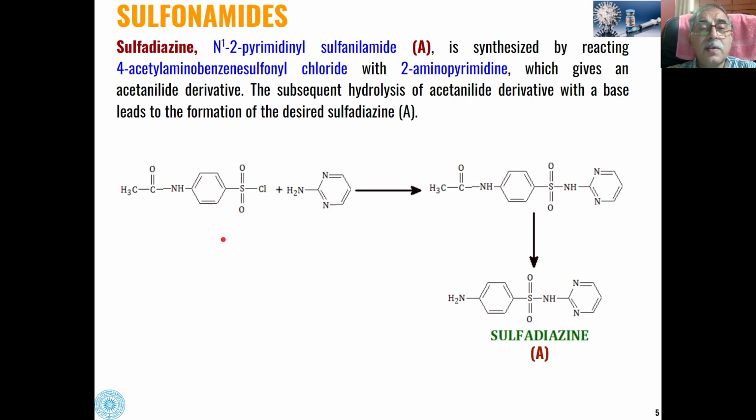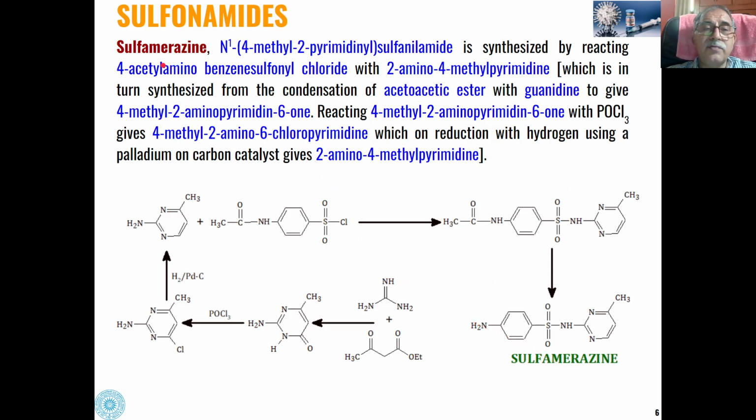First, when 4-acetyl aminobenzene sulfonyl chloride is reacted with 2-aminopyrimidine, hydrogen from here and chloro from here, HCl will be removed to give us this type of pyrimidine sulfonamide derivative, and then zinc acetic acid reduction of this will lead to the formation of this amino group to give us the drug, sulfadiazine.